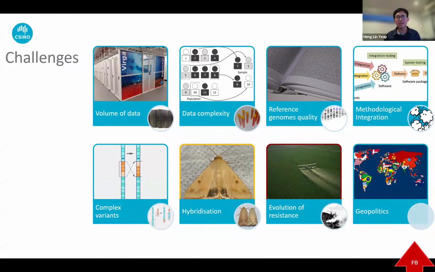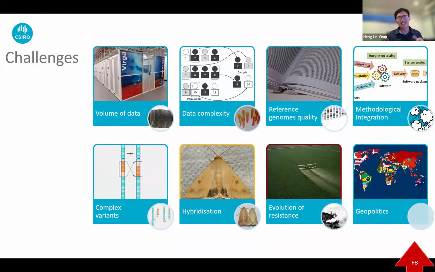In a pest management perspective, we also have problems with hybridization causing closely related species, like in Helicoverpa, which could have implications, as Jen Peng said, of creating a mega pest. The other challenge includes monitoring evolution and the movement of resistance.